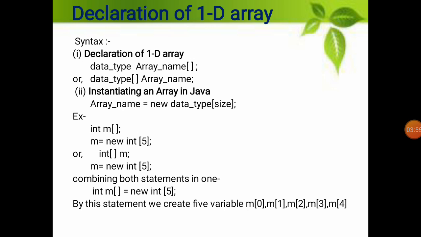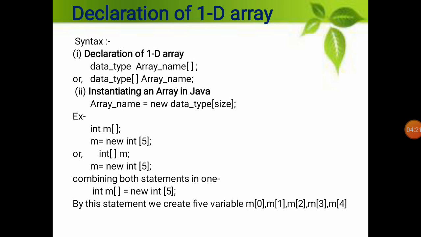The declaration of 1D array: first we define data type, then array name and then the square brackets. Or there's another way: data type, then square brackets, then array name. In the second step, we create the array with the new operator: first we write the array name, then new, then data type and then size. It defines the size of the array.